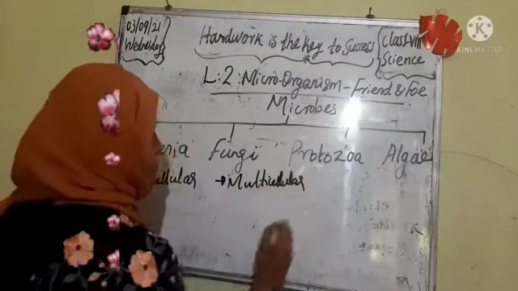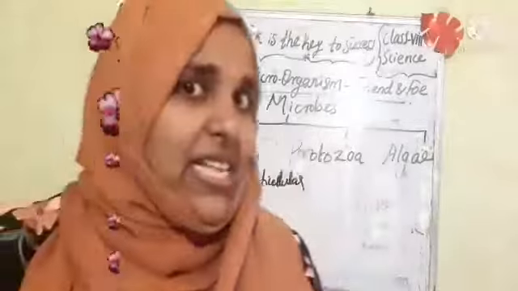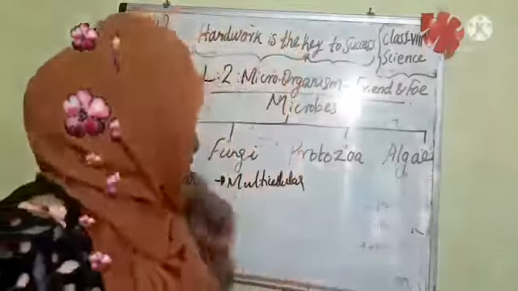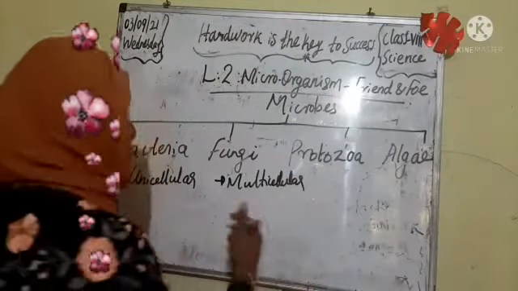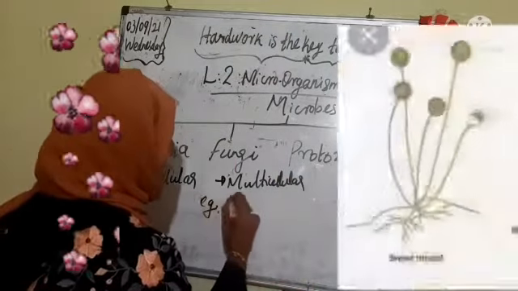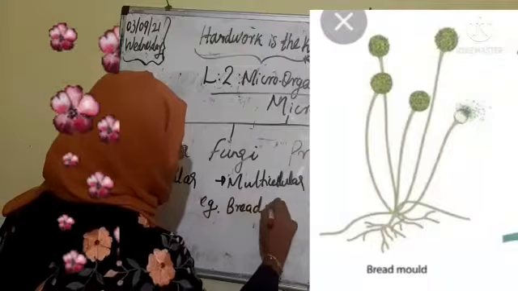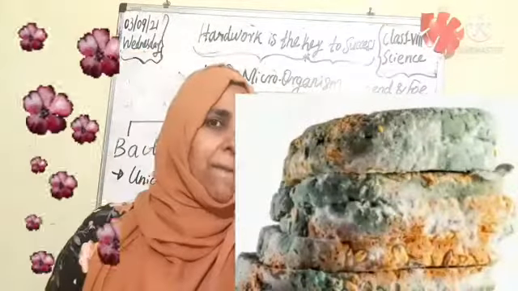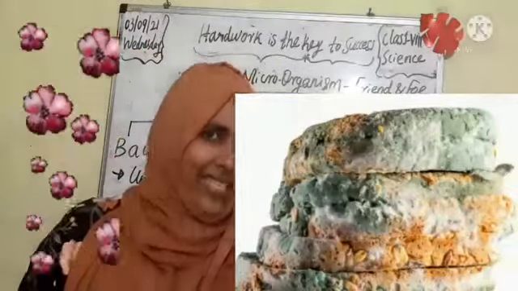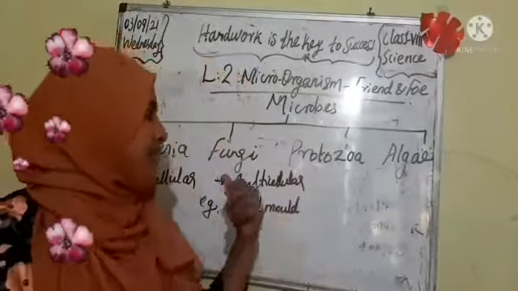Multicellular organisms means we know that many cells are present in their body. So fungi are multicellular organisms, and examples are like bread mold. Do you know, children, bread mold? In some bread we can see black or grayish color patches. That is actually bread mold.